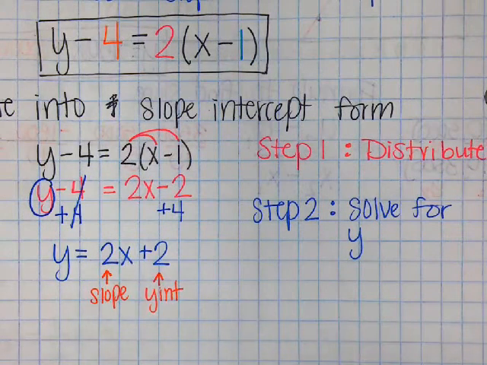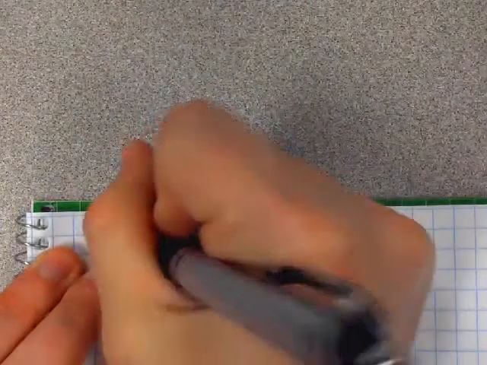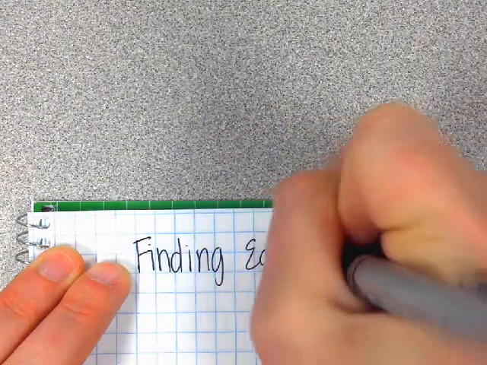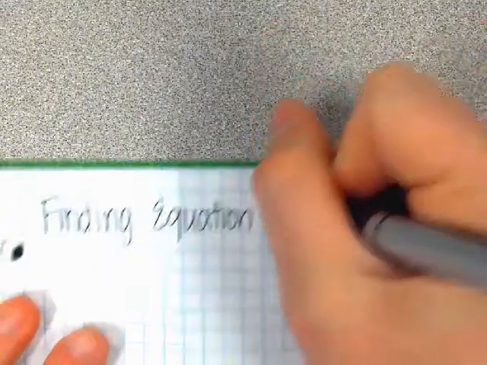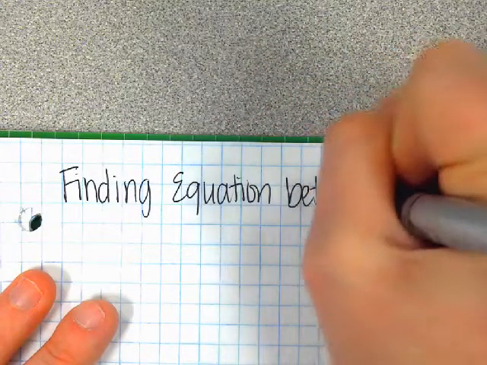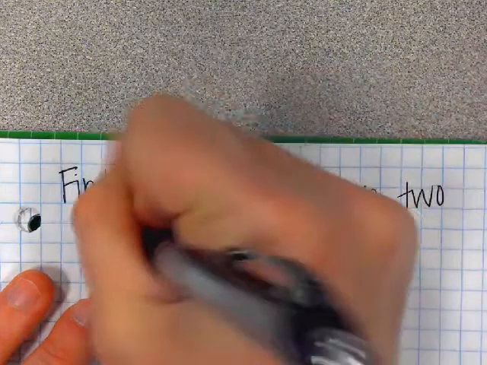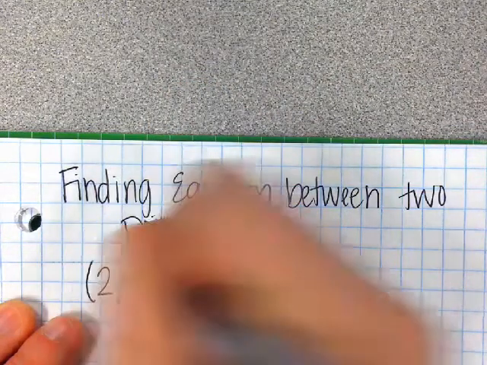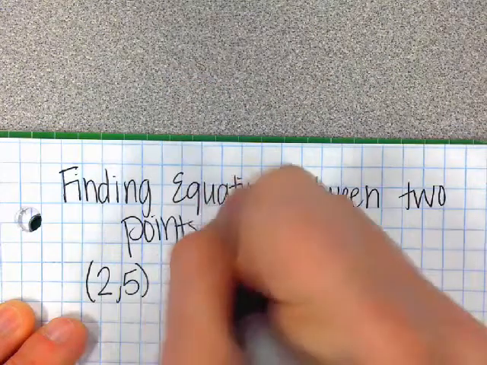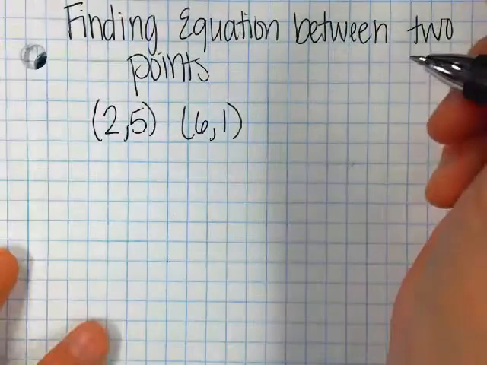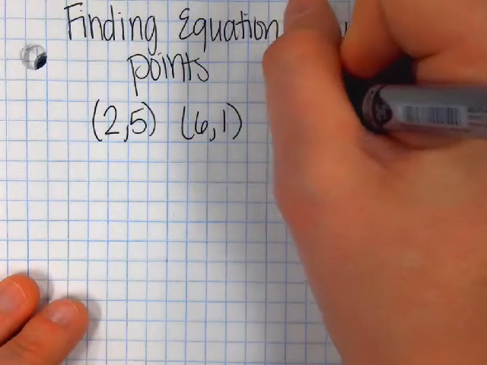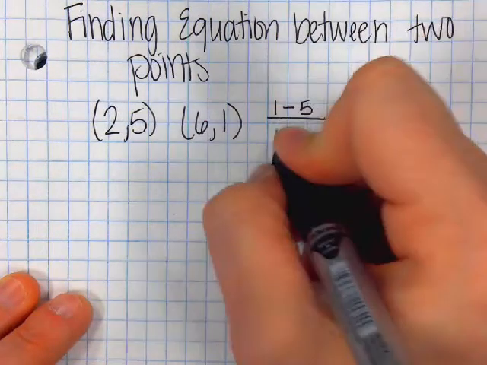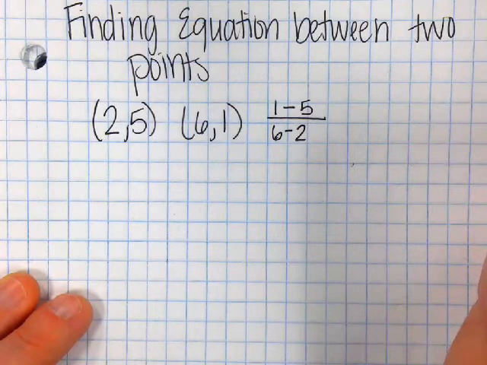Okay, so if we're finding the equation between 2 points. So if I have the point 2, 5 and the point 6, 1, you can use the slope formula where you do y minus y divided by 6 minus 2, x minus x.